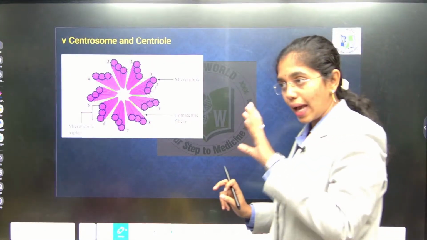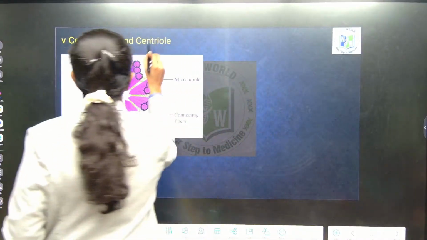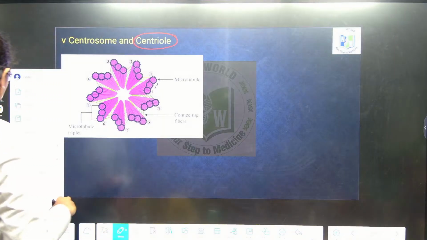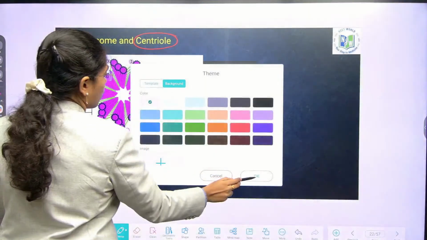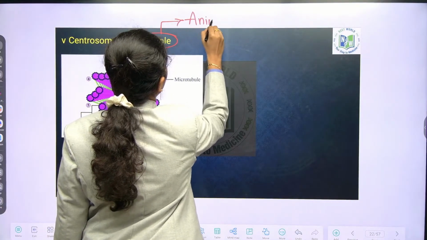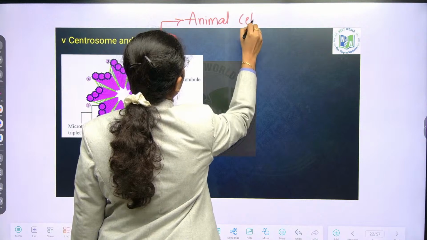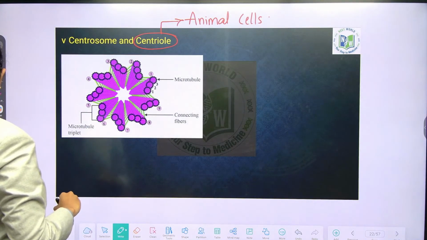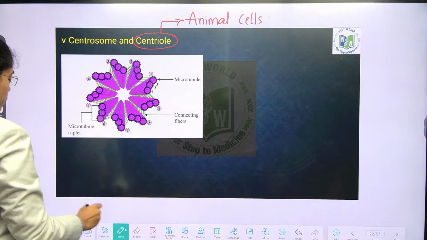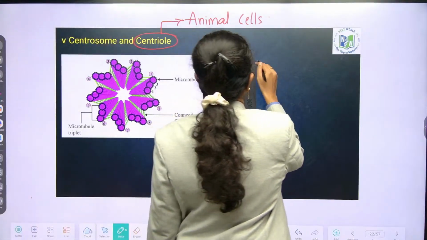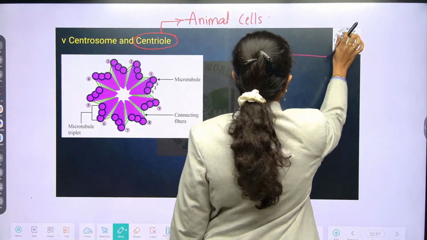These are centrioles, present only in the animal cells. So here, consider this as a single cell.